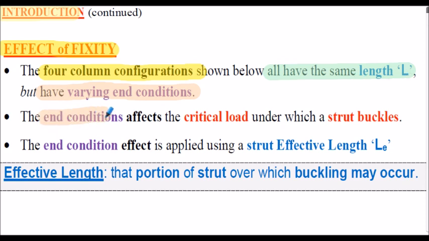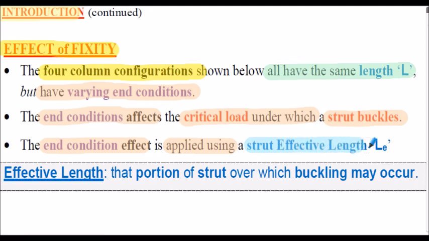The end conditions affect the critical load under which the strut compression member will buckle, and this effect is applied using what's termed the strut's effective length, denoted as L suffix E, where the effective length is considered to be that portion of the strut over which buckling may occur. This is illustrated on the following slide.